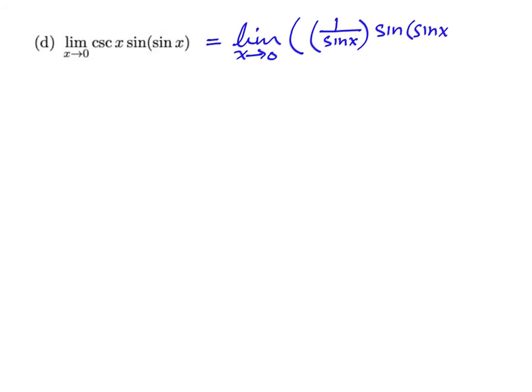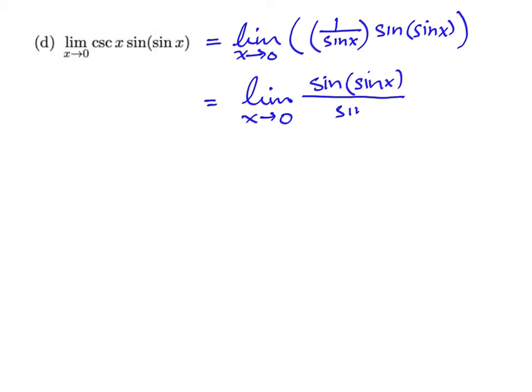And now we can rewrite that as the limit as x approaches 0 of sine of x over sine of x. Now notice that the numerator is sine of something, which I'll call theta, divided by the same something, sine of theta over theta. But we don't have a theta going to 0.